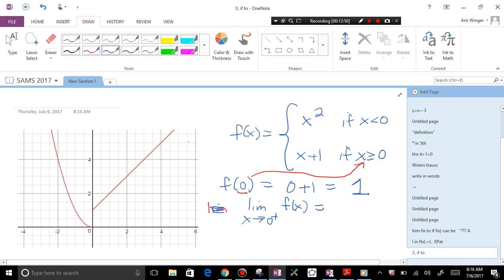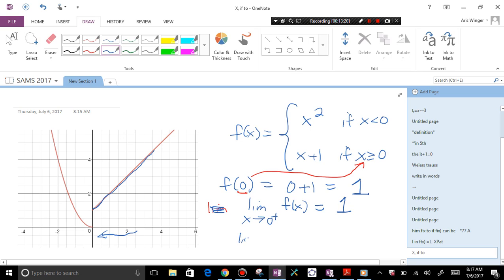So we're asking what happens to the y values when the x values approach 0 from the right. So you're looking at the y values, and from the right, it looks like it's approaching 1. So we say that the limit is equal to 1.